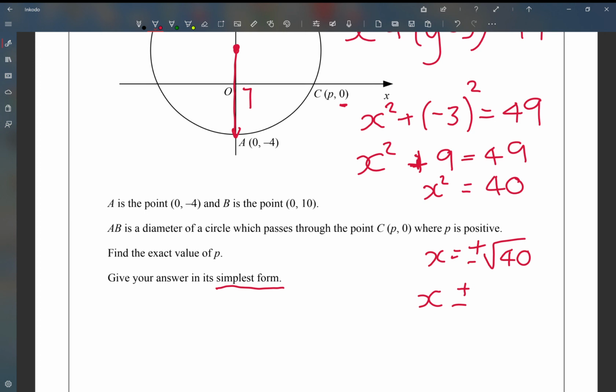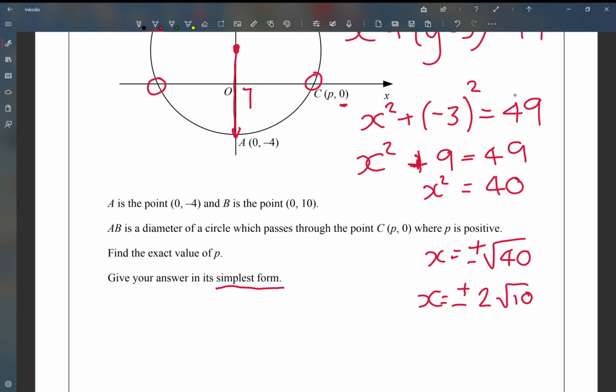At the moment I'm just solving, so that's going to be 2 root 10. Oops. So that's actually going to be both of these: plus and minus, one is the negative one and one is the positive. But obviously we only actually want the positive one here.